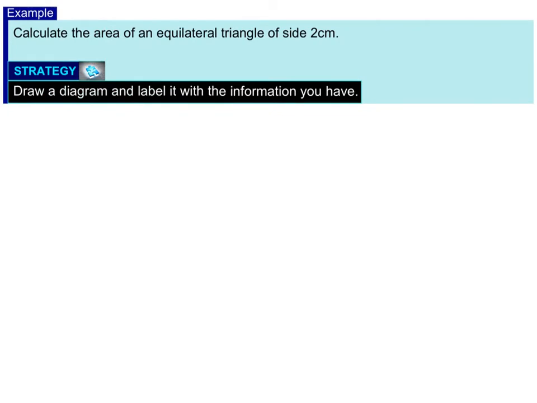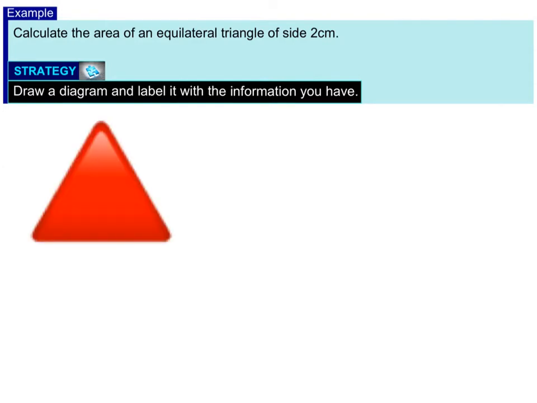Right, calculate the area of an equilateral triangle of side 2 centimetres. So no diagram here, so you need to think, what's that actually going to look like? Well, an equilateral triangle, that's a triangle with 3 equal sides and 3 equal angles.